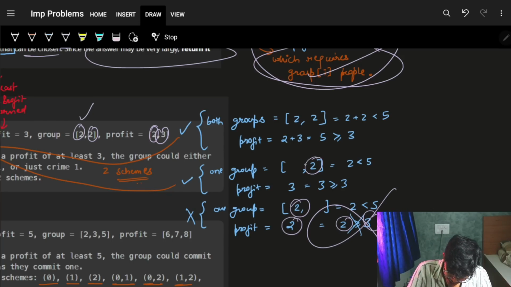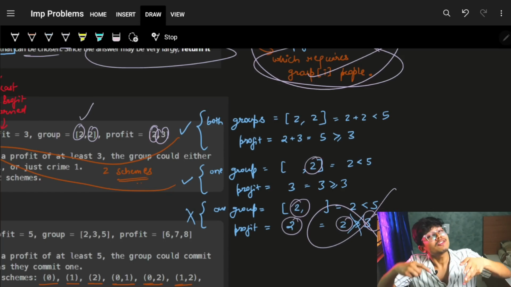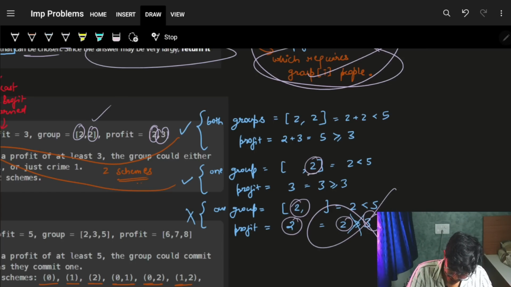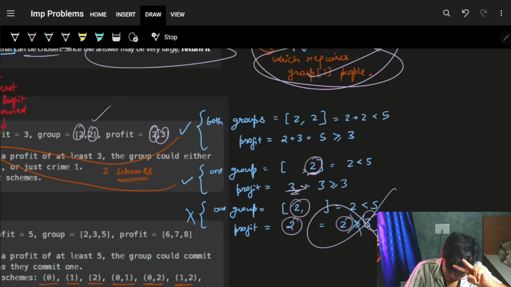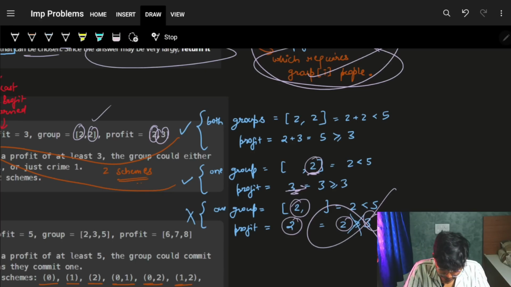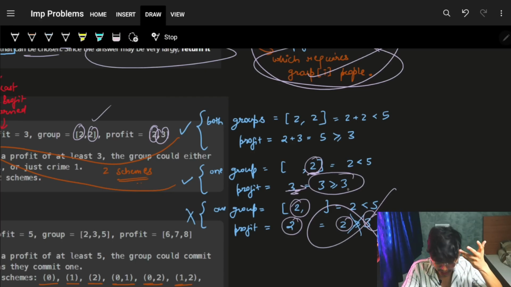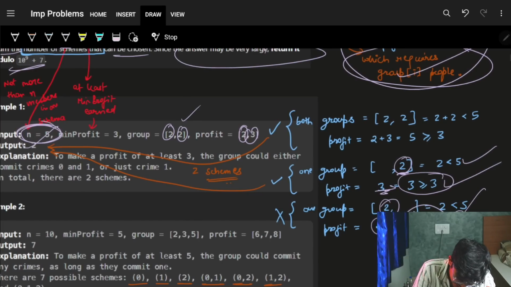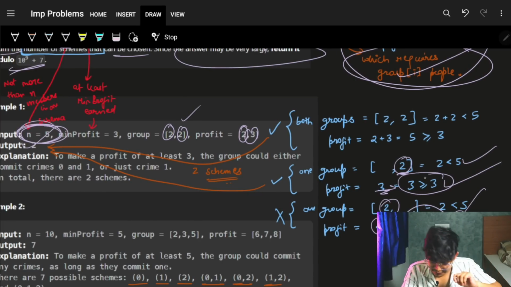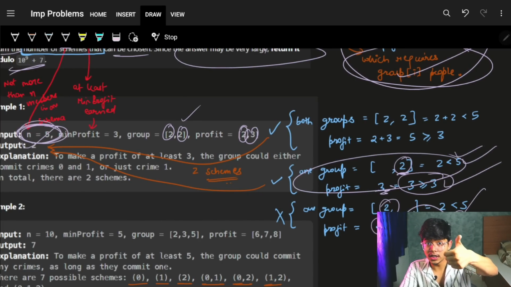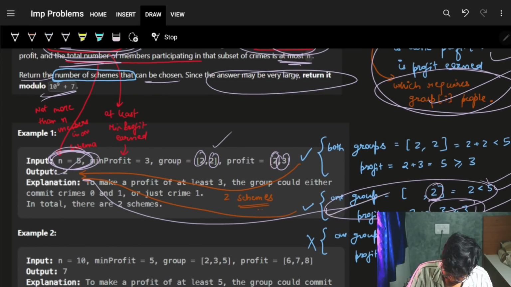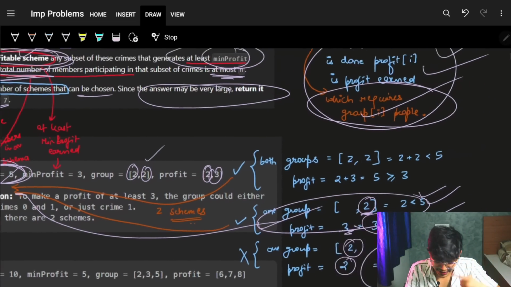Next, okay, I have one crime, but now the crime is the second crime. Members are 2, profit is 3. I wanted minimum profit to be greater than or equal to 3. Okay, profit is done. The number of members is less than 5, I wanted less than or equal to 5. It is done. It's a good profitable scheme, so I add one scheme from here.